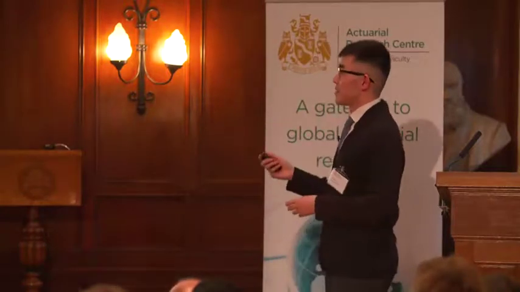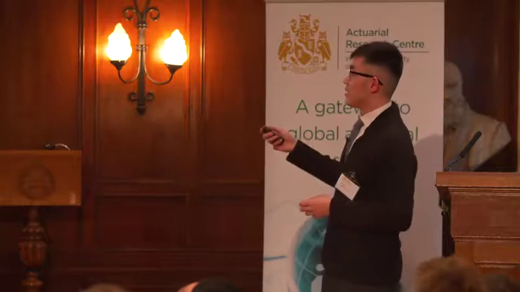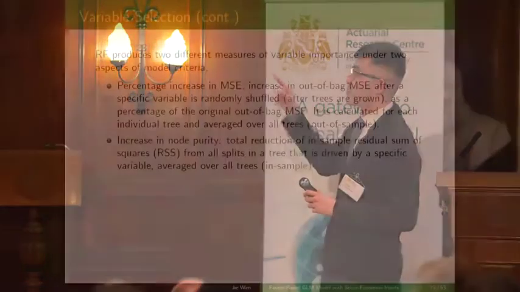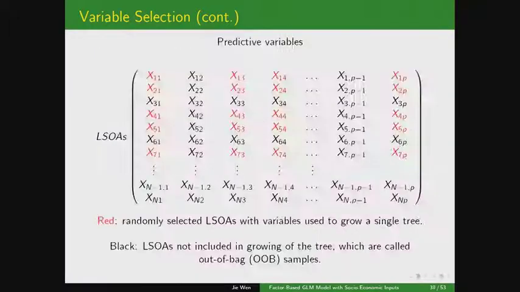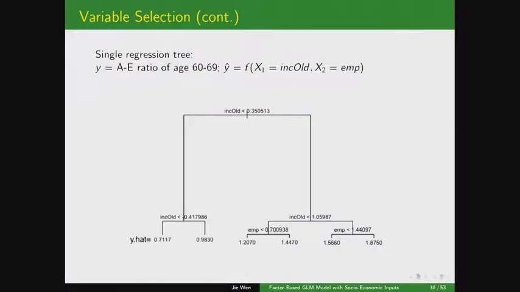The second importance measure is a bit easier to understand. It's the total reduction of in-sample residual sum of squares from all splits in a tree that is driven by a specific variable, averaged over all trees. We can look back at the whole structure. If we want to calculate the importance of income old score along this tree, here's one split, two splits, three splits.